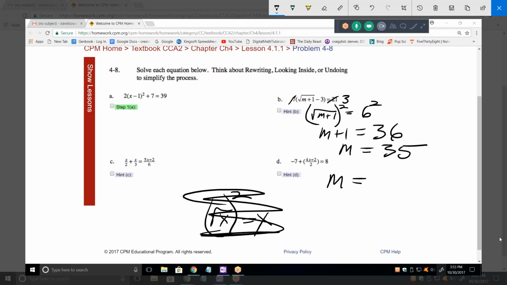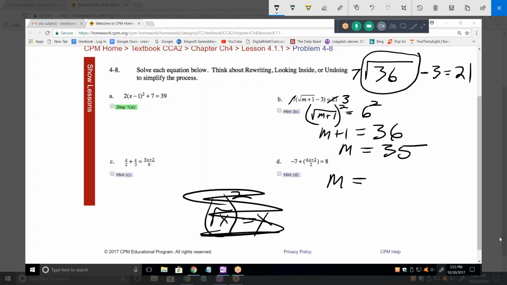If we plug it into the original equation, let's see if that's correct. Square root of 36 is 6. Incidentally, when I write it like that, that's always just plus 6. Do not confuse that with solving an equation by taking the square root of both sides.